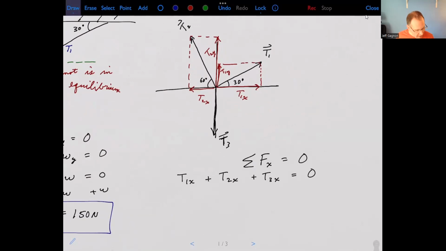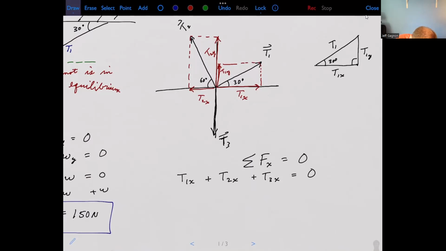Well, what is the X component of T1? Well, if you look at that picture, let me draw the triangle here. So this is T1, right, the hypotenuse. We know this is 30 degrees. This is T1x. This is T1y. So because T1x is adjacent to 30 degrees, it's going to involve cosine, right?